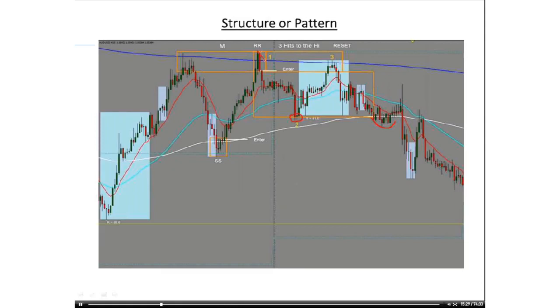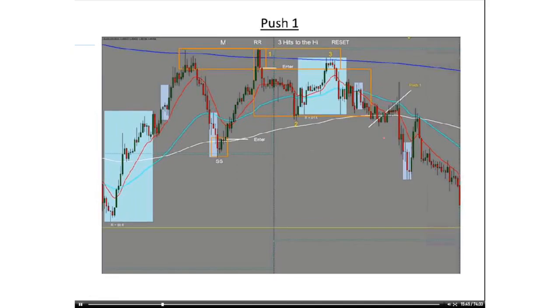Okay? Because if this is my M structure, once it takes out the middle part of the M, that's when I begin to count my pushes. Alright? So this would be my push 1.